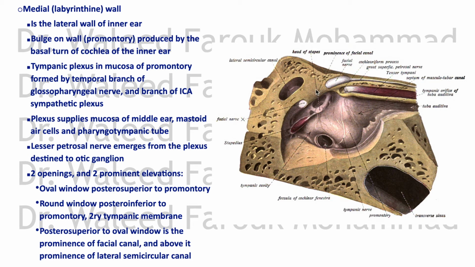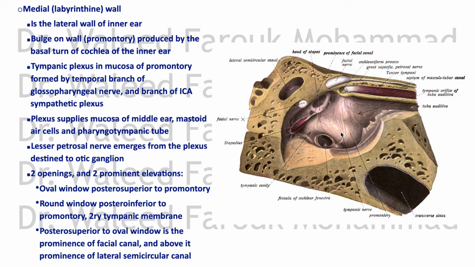So we have two elevations here, posterior superior to the fenestra ovale. The first one is the facial canal, and the second one above it is the impression of the lateral semicircular canal. See, the lateral semicircular canal making an impression on the medial wall. See that? This is the canal from the inside, of course. This is the impression of it from the inside.